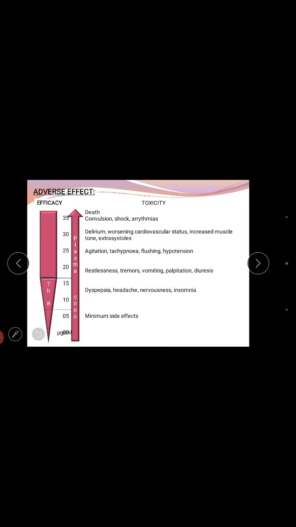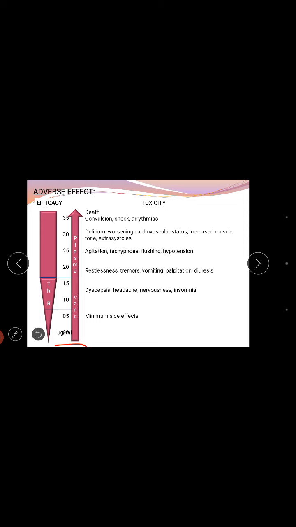Other drugs like this are lithium, used in mania, theophylline, used in bronchial asthma, and aminoglycosides. These all have a narrow therapeutic range; you should not exceed the maximum therapeutic dose. If you exceed, the chance of adverse effects will be more.